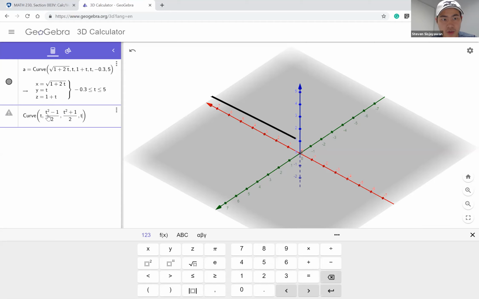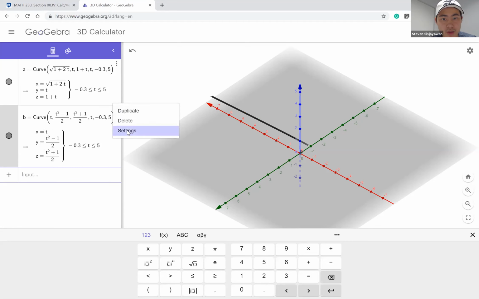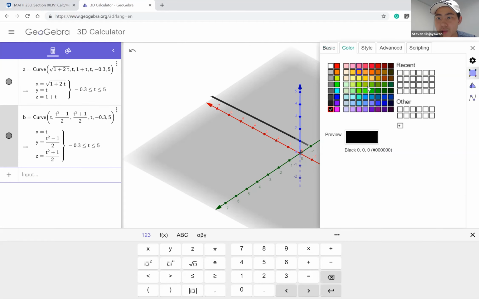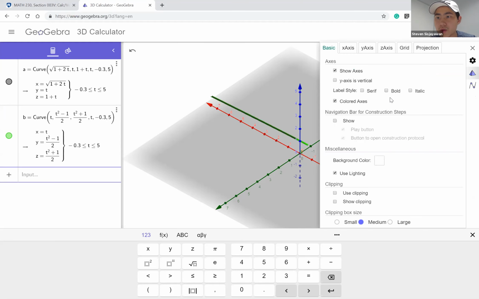Let's say we're using t from, well, in this case, domain doesn't matter. Let's just use the same interval, from negative 0.3 to 5. Let me change the color of this curve. Let's make it green. Okay, there you go.